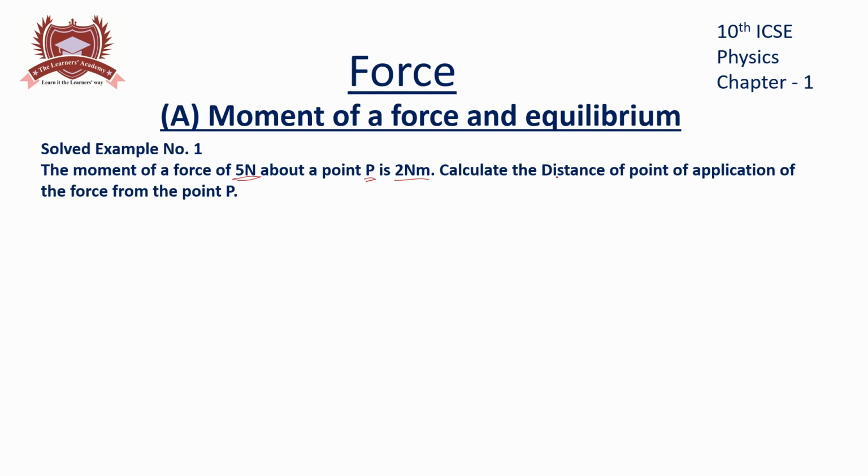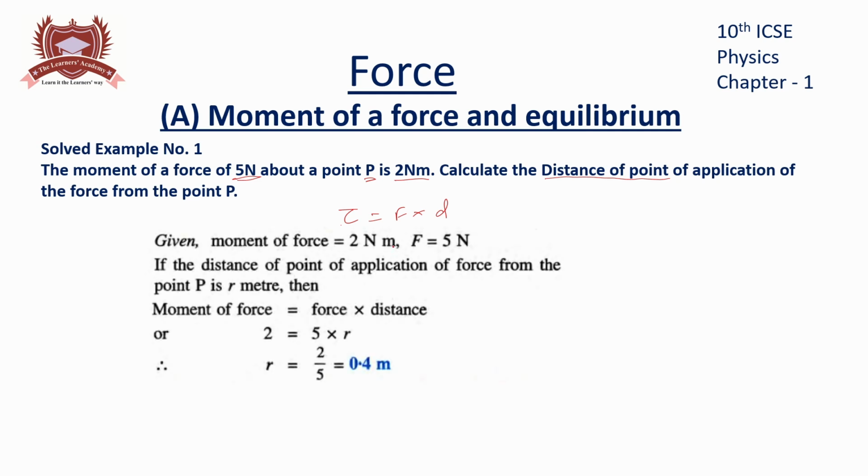Now here we have to calculate the distance of the point of application of force. Now we know the formula that the moment of force tau is equal to the force multiplied by the distance. So we can use this formula directly to get the answer for this particular sum. So let us go ahead.